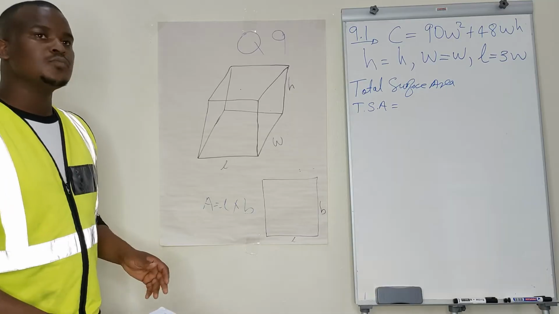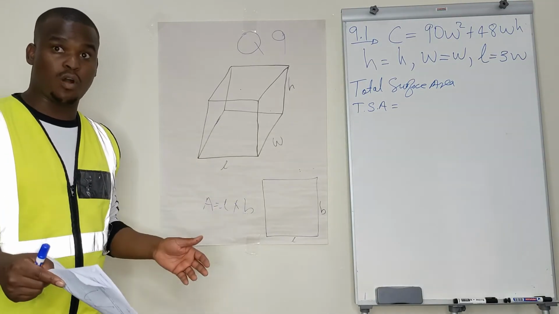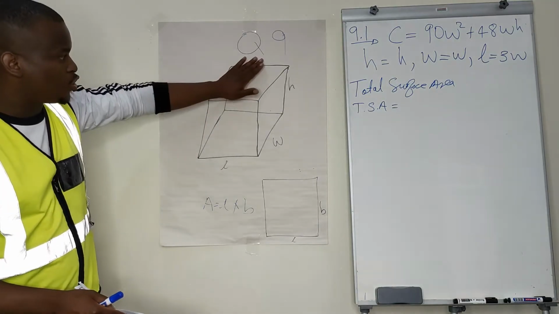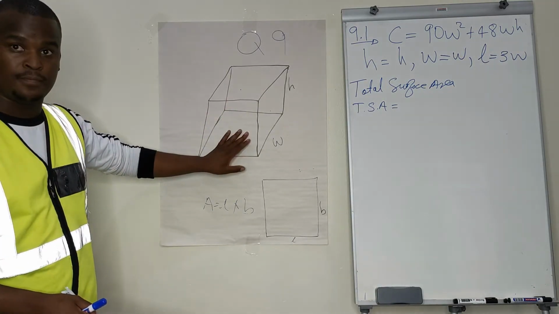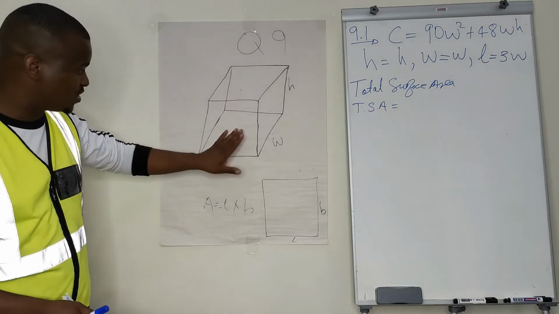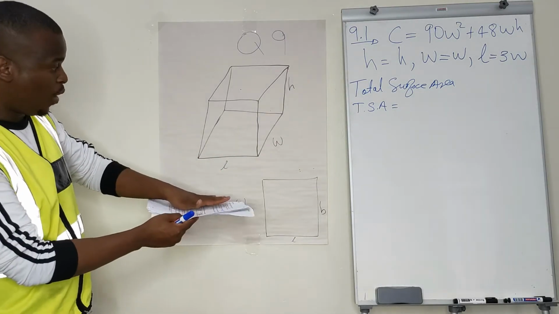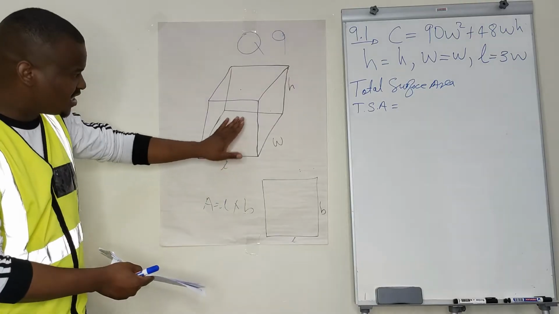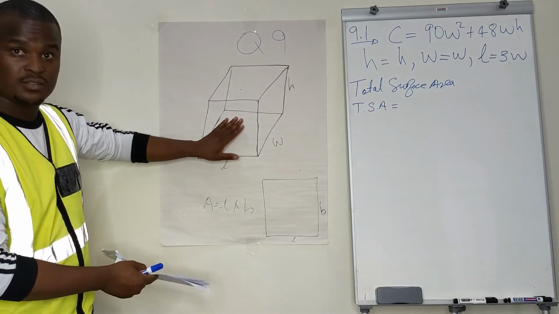But now, you must be very strategic about how you go about this. So, start with the top and the bottom. Right? I'm going to start with the base, which is the bottom of this box of ours.